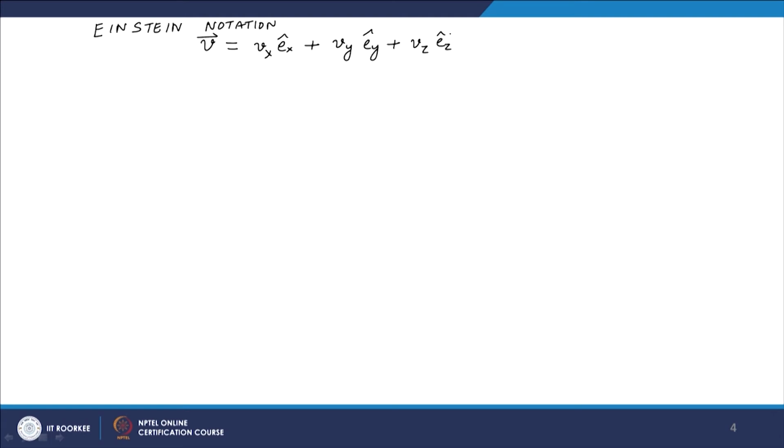So, in Einstein notation, I will write this as simply V alpha, and V alpha is basically the representation for V. Of course, we could have written this also as a summation of say V alpha E alpha, where alpha is like x, y, z, that is also cumbersome. I am preferring to write like this, and this is what I will refer to as the Einstein notation.